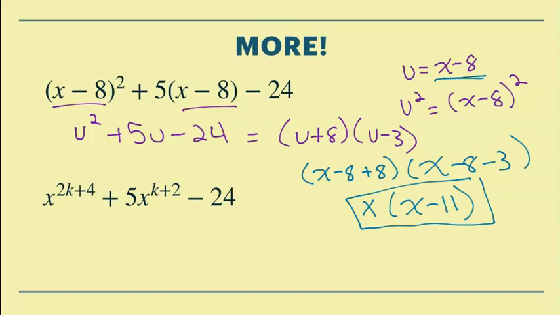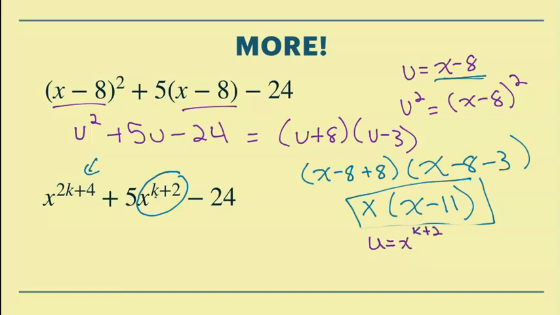Now, if you are seeing this pattern, we can see that this middle term typically is our U. And then we want to be able to double the exponent to get our U squared. So let's see if that works here. So I'm going to say that U in this problem is x to the k plus 2. So I'm going to say U equals x to the k plus 2.